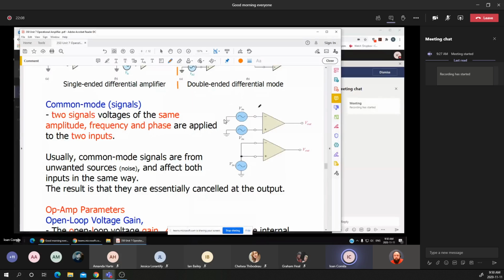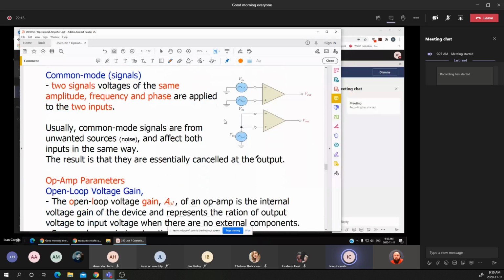Now, another way to look at this diagram: suppose that I'm connecting both inputs of the op amp to the input voltage, which has the same meaning as the other circuit that has two separate input voltage sources with the same phase applied to the two inputs of the op amp.